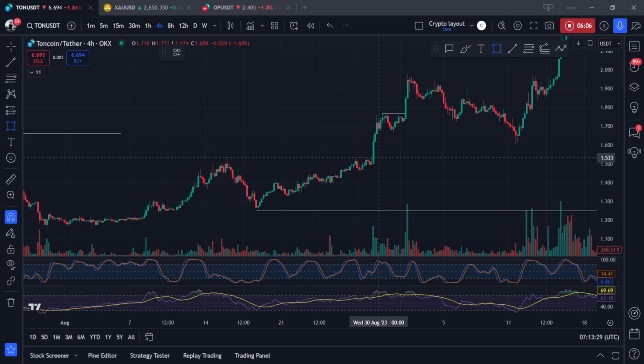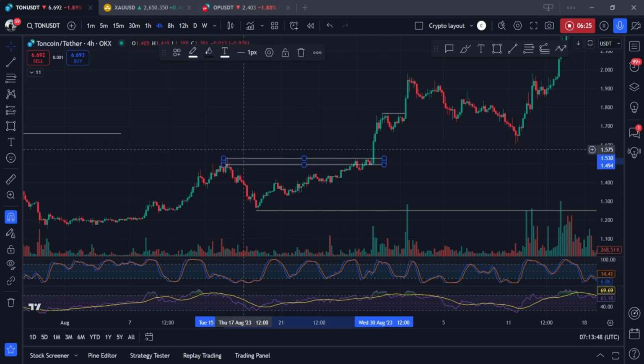That means there's a lot of buying pressure, so much that it even broke this level here. So I'm just giving you a few tips. This would be a zone.